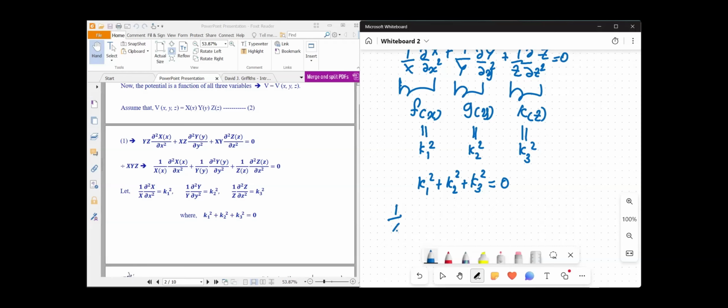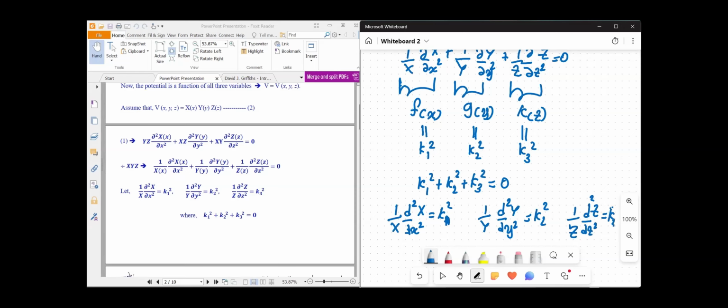So we have 1 over x d squared x over dx squared is equal to k1 squared, 1 over y d squared y over dy squared is equal to k2 squared, and 1 over z d squared z over dz squared is equal to k3 squared. So each of these we can solve considering ordinary differential equations.